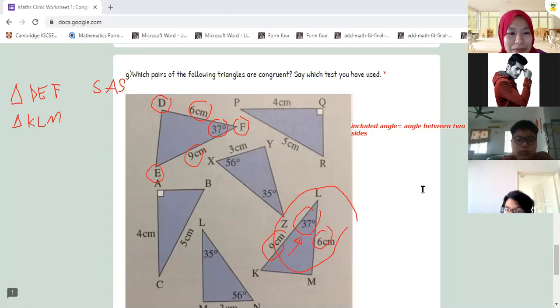The rest also, please participate. So correct. Included angle is the angle between two sides. So 37 degree in triangles KLM and DEF, we call that 37 the included angle. So guys, do you think DEF and KLM are congruent?